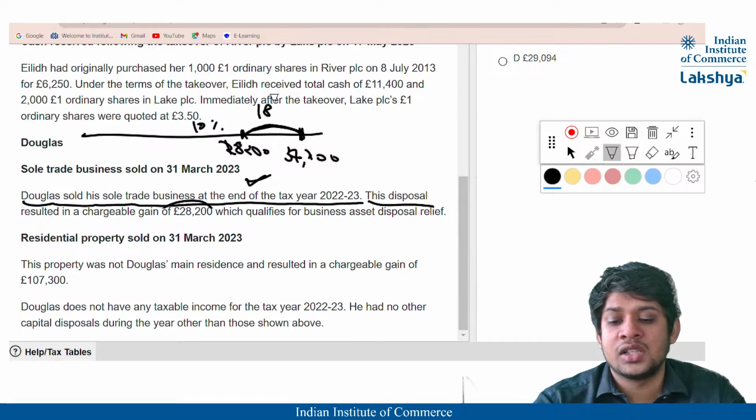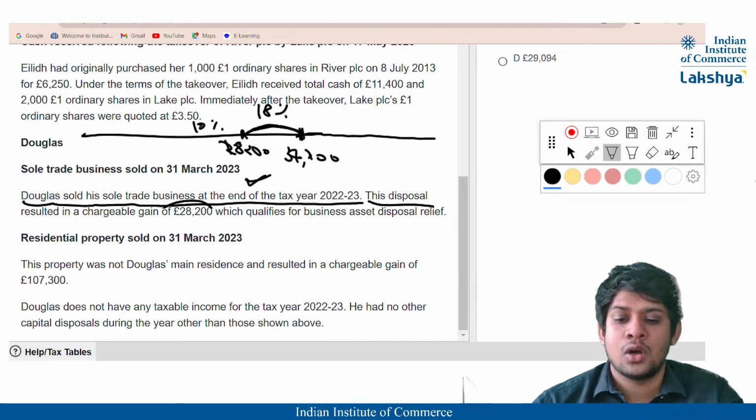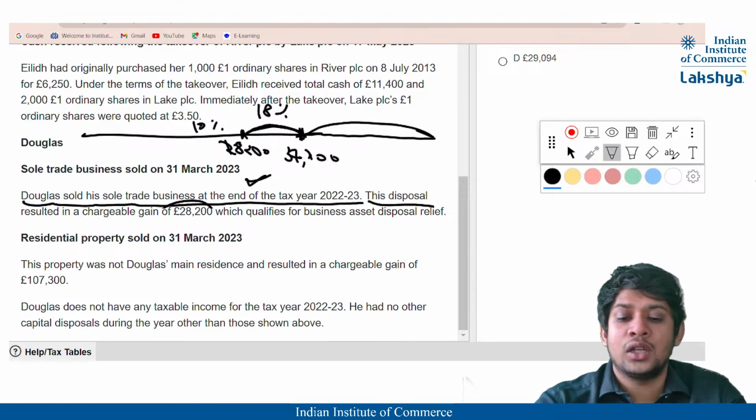So on this 18% will be charged, right? Always remember, for your residential property falling within the first 37,700, 18% will be charged, and above that 28% will be charged. Okay. So above that, her gain in total is 1,07,300, right? So for that, you will charge 28%.